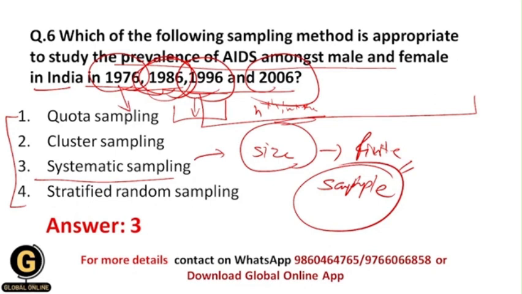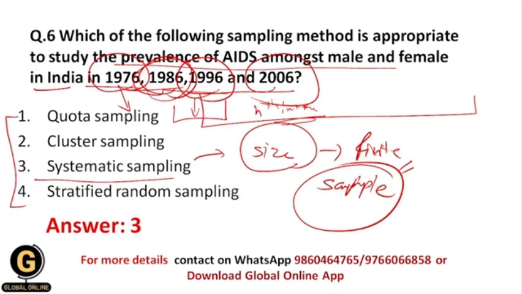So why will the researcher follow this sampling technique? Because from this sampling technique the researcher can reach both types of gender, male and female, and as well can study each and every year, like 76, 86, 96 and 2006.